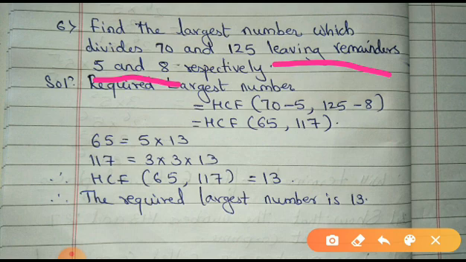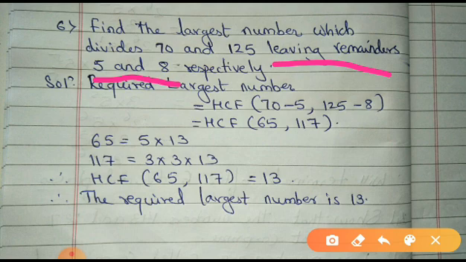Which will divide, that means whether you have to find HCF or LCM, it should divide 70 and 125. That means I have to find HCF. There you don't have any confusion. Now the question says leaving the remainders 5 and 8 respectively.